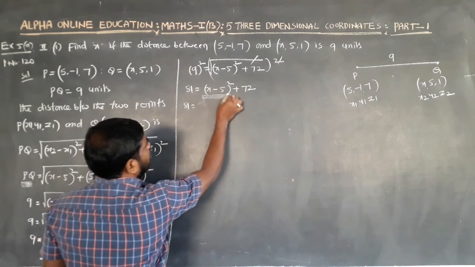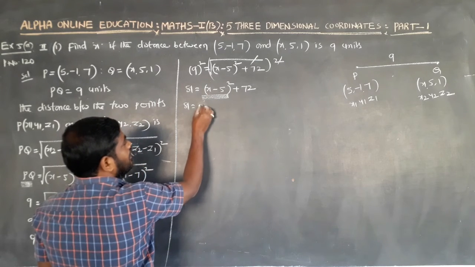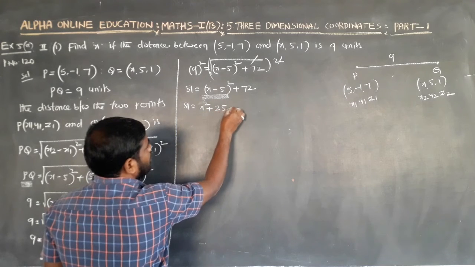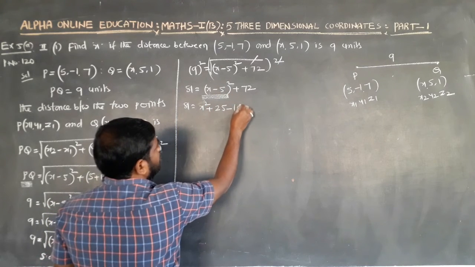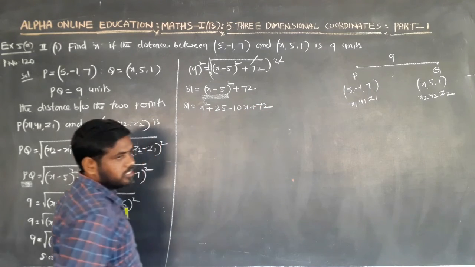Using (a − b)² = a² + b² − 2ab: 81 = x² + 25 − 10x + 72.